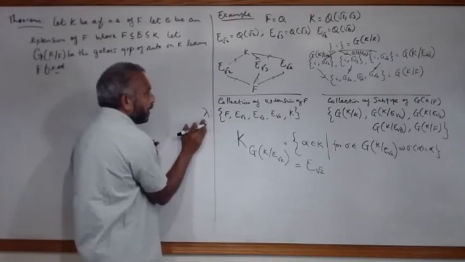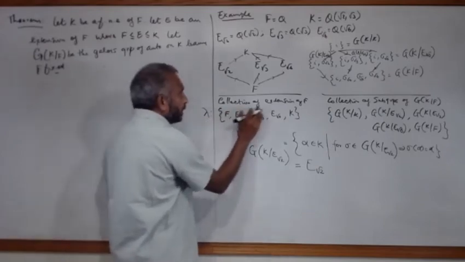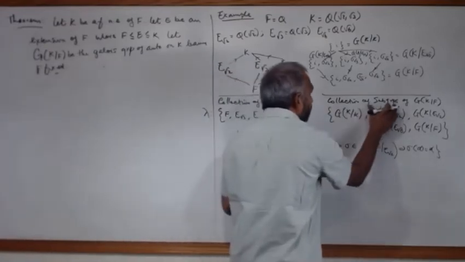See, I want to define a map from the collection of extensions to the collection of subgroups.